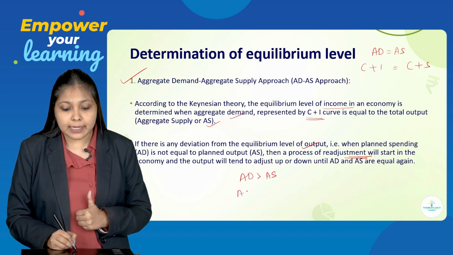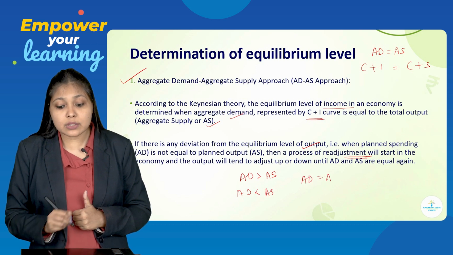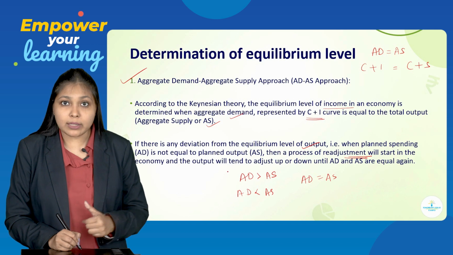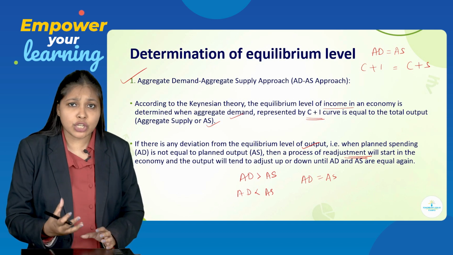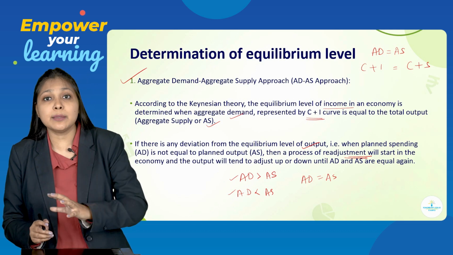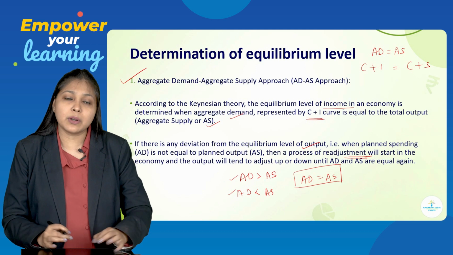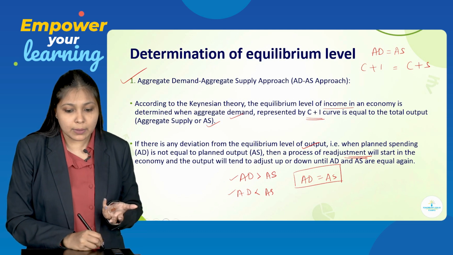We don't want AD less than AS. We always want AD equal to AS. So if in the economy, by any chance, these situations prevail, then we will have to bring the economy back to this situation because we always want our economy to be in equilibrium.